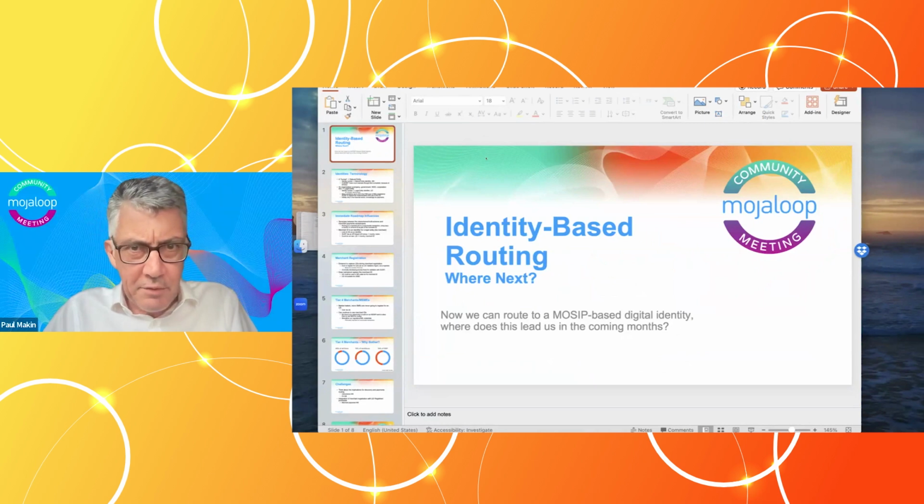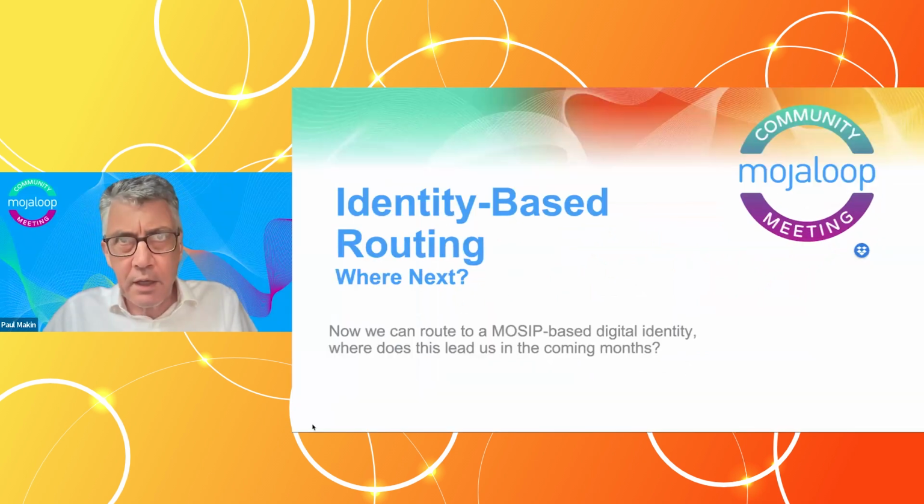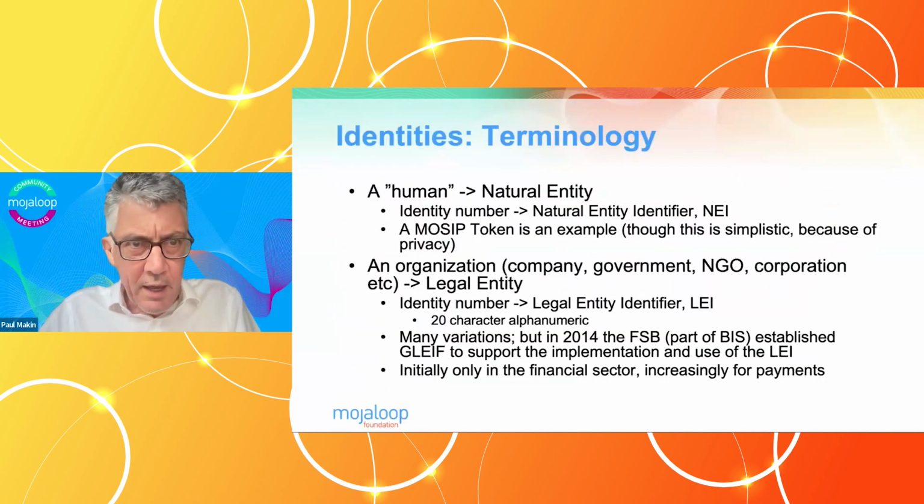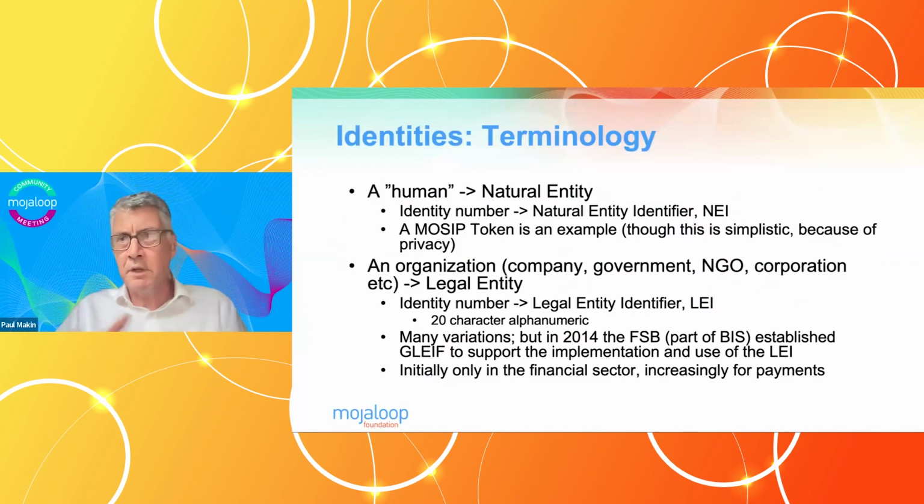So, next steps. I want to quickly go through this short presentation. I won't be long, and Paul, please feel free to jump in if you wish. So now we can route to a MOSIP-based digital identity. Where does this lead us? Just some basic identity terminology for people who are not familiar with it. In the identity world, a human is what's known as a natural entity.